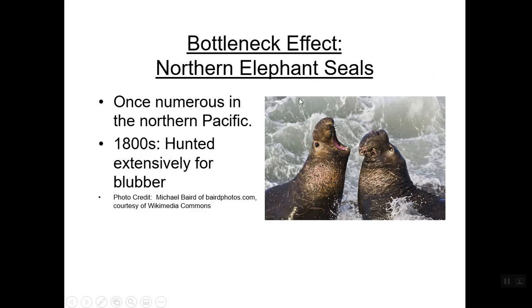For instance, this is an example of northern elephant seals that were heavily hunted for blubber in the 1800s, and nowadays, because of this extensive hunting, we have reduced the number of individuals quite a bit, just because of random hunting.